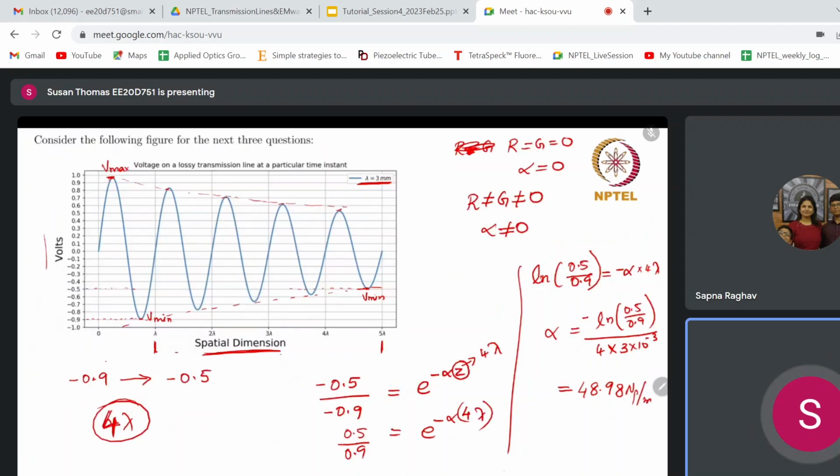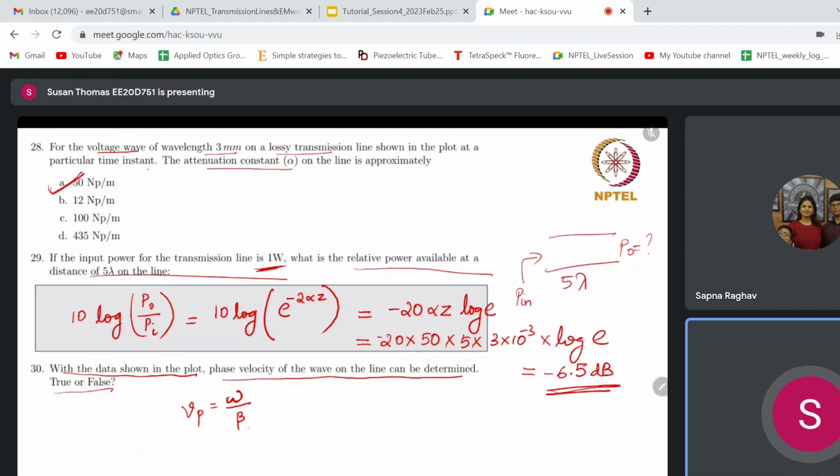From the information in this graph, you only have the voltage levels, that is the Vmax, Vmin, depending upon the spatial positions, and you only have the lambda, that is the wavelength. You don't have the angular frequency of the wave which is traveling. So this cannot be determined. So this is a false statement. If frequency was given, it could be found.